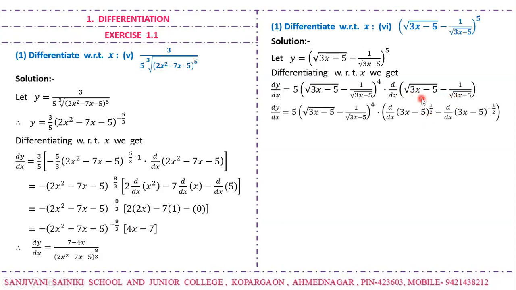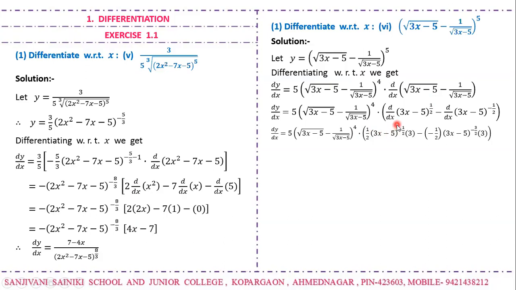Again, we can simplify it. Derivative of (3x − 5) raised to half, since square root means raised to half, minus the derivative of this, but it is in the denominator. If we take it in the numerator, its index will be minus 1 upon 2. So what is the derivative of this? Again, here we use the formula that the derivative of f of x raised to n is n times f of x raised to n minus 1.